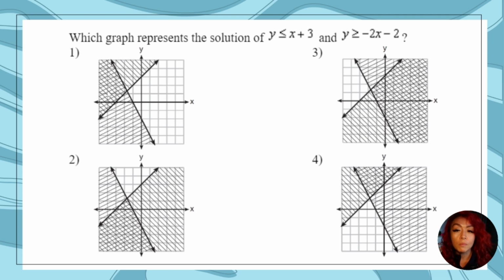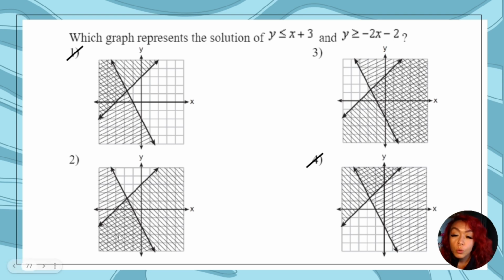So the shading should be below this line. But in choice number 1, the shading is above x plus 3, right? So we know number 1 can't be it. Now, I also noticed similarly in choice number 4, the shading is also above this line, right? So for the same reasons, it can't be choice number 4.